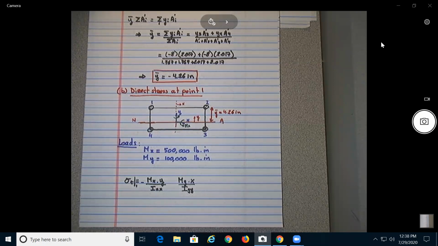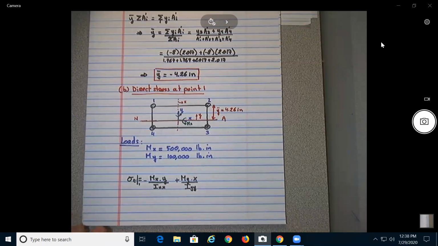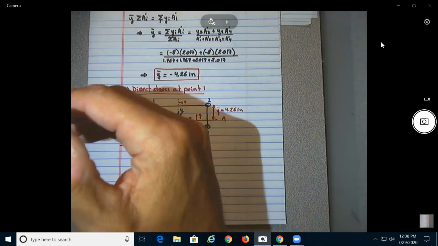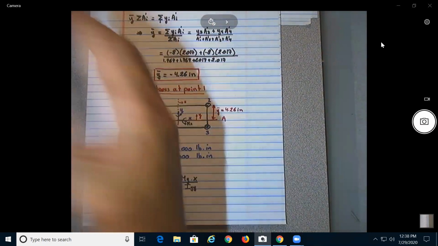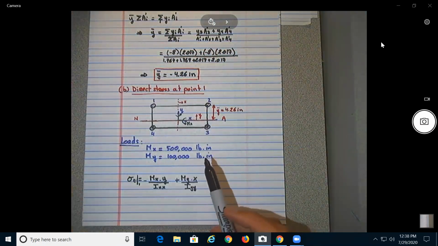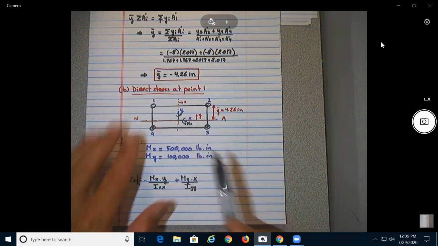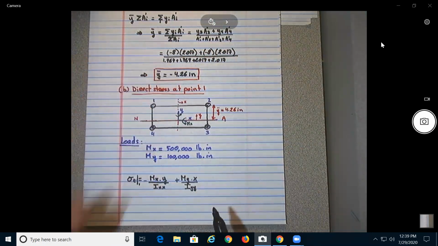This one would be in tension, I think, okay? Think about when you bend this way or this way, no? That's what you need to look at. So if it's bending in this form, this side will be in tension, this side will be in compression.